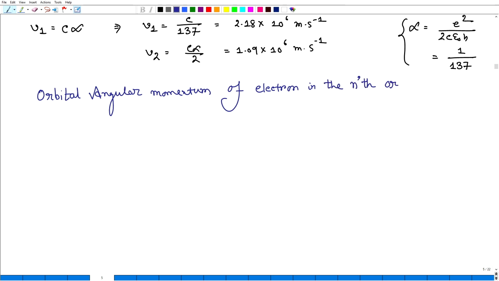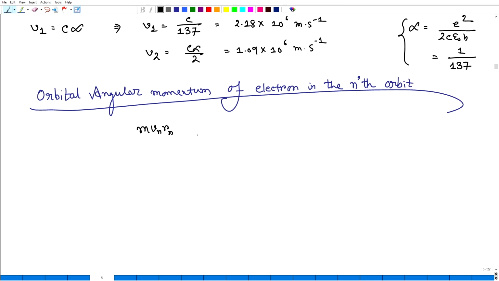That means, as the electron is revolving around the nucleus, there must be orbital angular momentum, and this is very straightforward because it comes from Bohr's quantum condition. What was that? m v_n r_n, which is the angular momentum, should be equal to nh by 2 pi. So, this is the angular momentum of the electron revolving in the nth level.